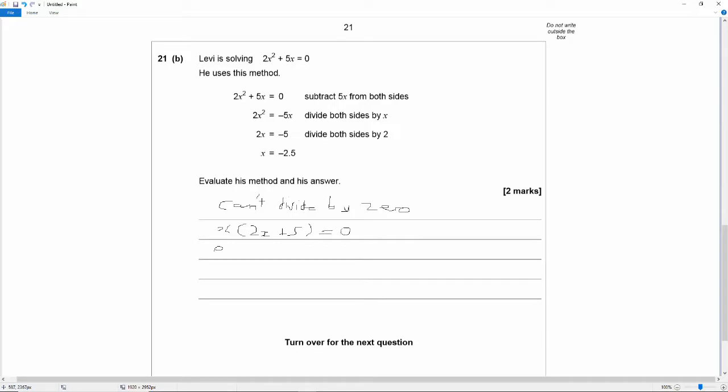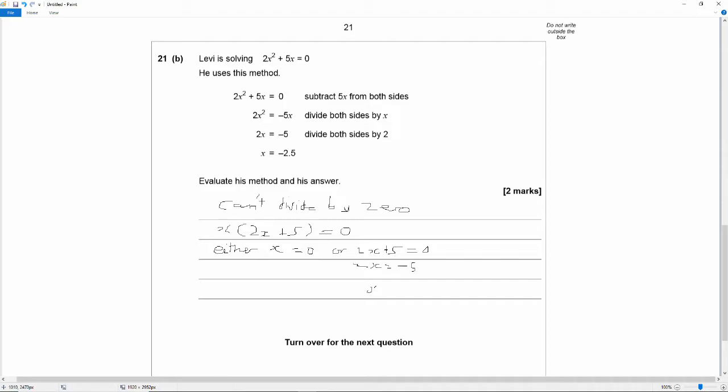So either x equals 0 or 2x plus 5 equals 0, in which case 2x equals minus 5.